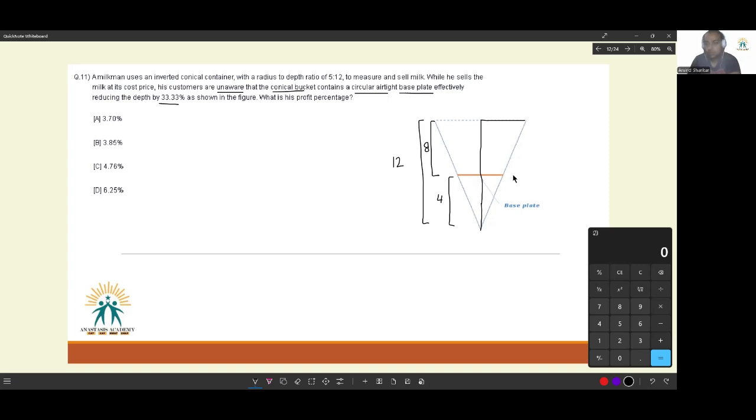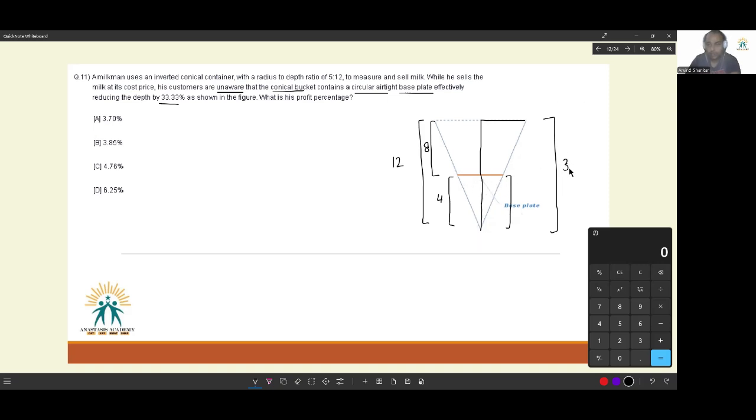Now, because of this, what would happen? The expected volume is 27 units. I'm saying ratio of the height and height. This full thing is a cone and this small top portion is also a cone.